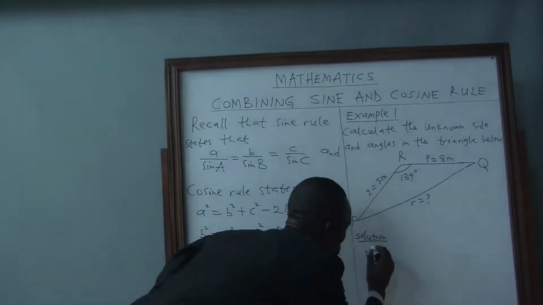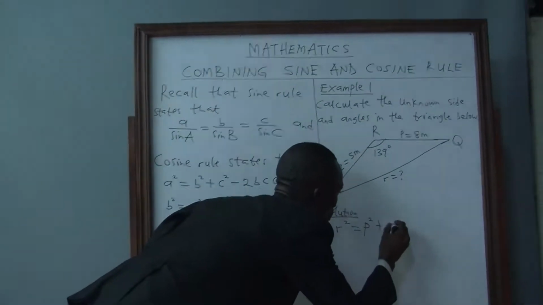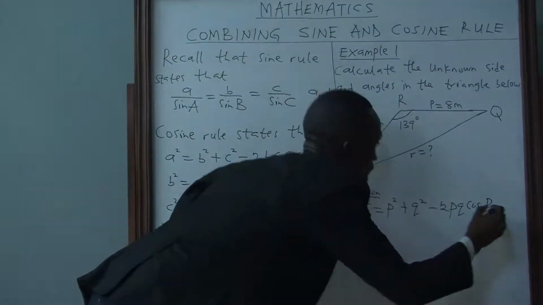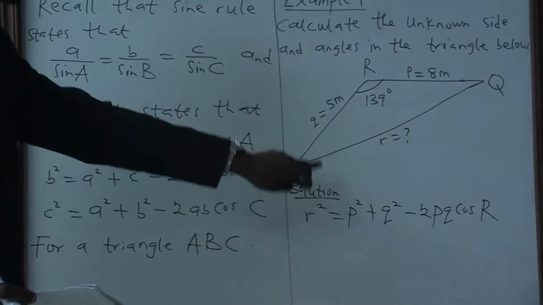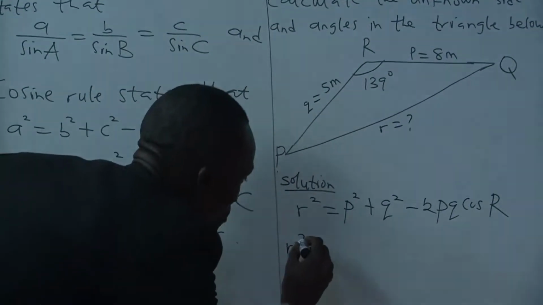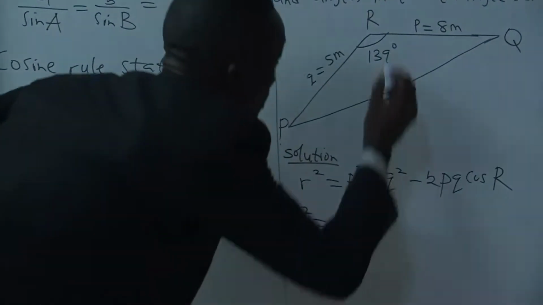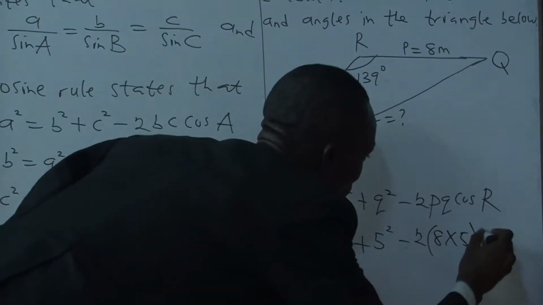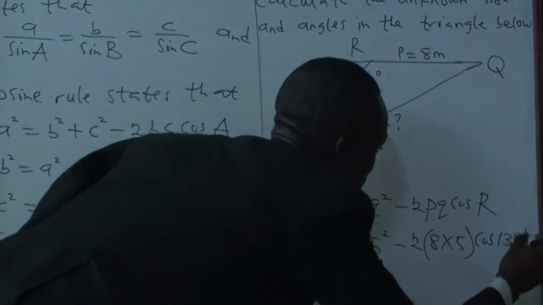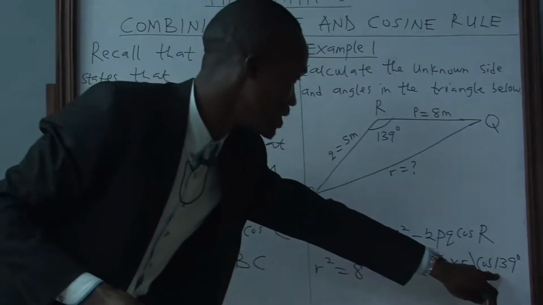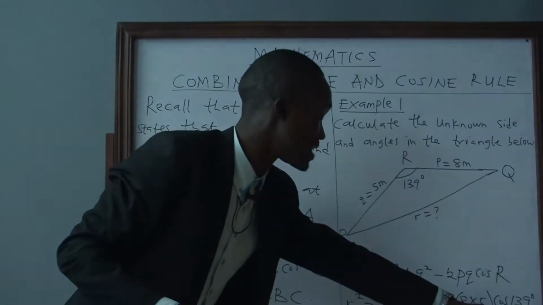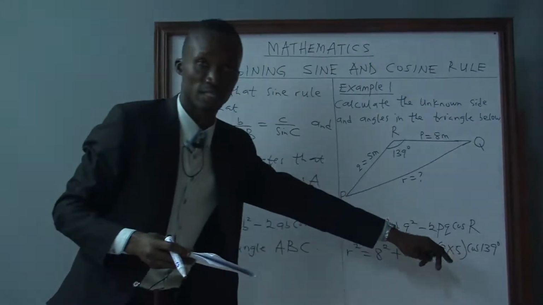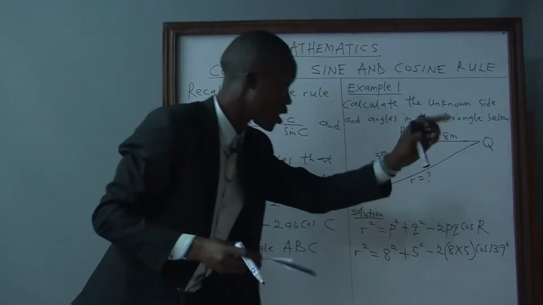So from here we have r squared equals p squared plus q squared minus 2pq cos R. And we know what p is. p is 8, so we have r squared equals 8 squared plus 5 squared minus 2 into 8 multiplied by 5 then cos 139 degrees. 139 is more than 90, but it is less than 180. So that means this 139 is coming from the second quadrant. And from our abbreviation, All Students Take Coke.